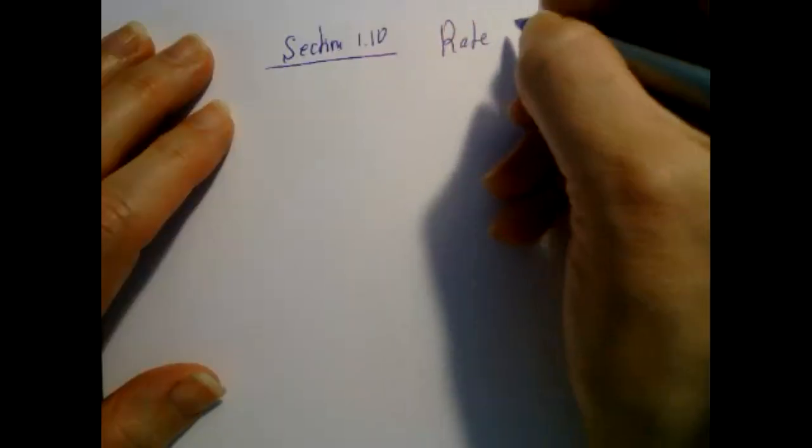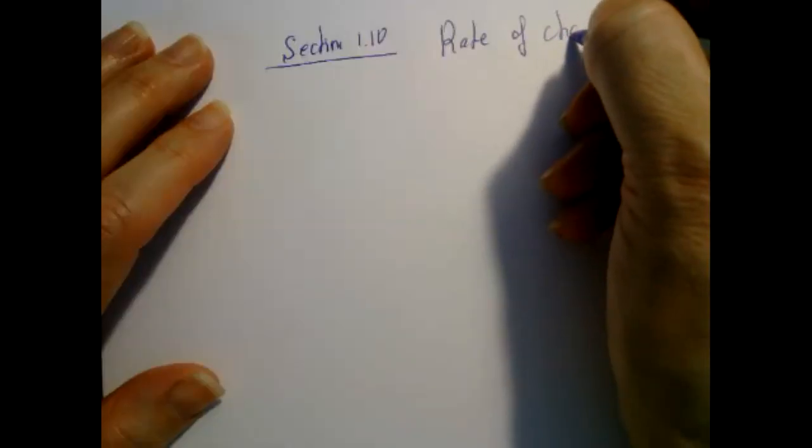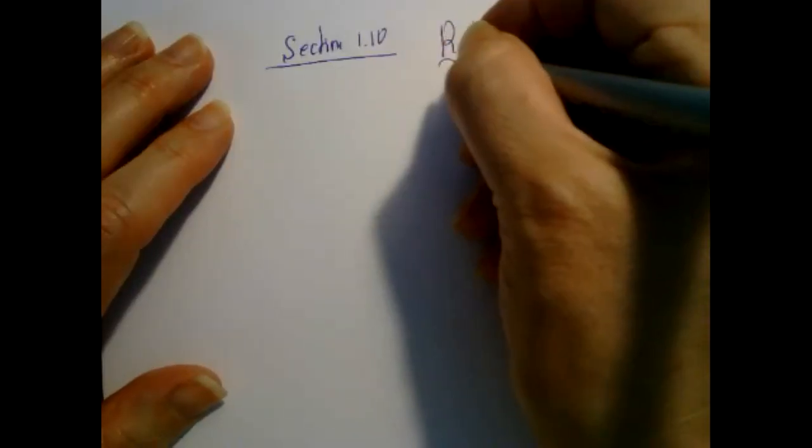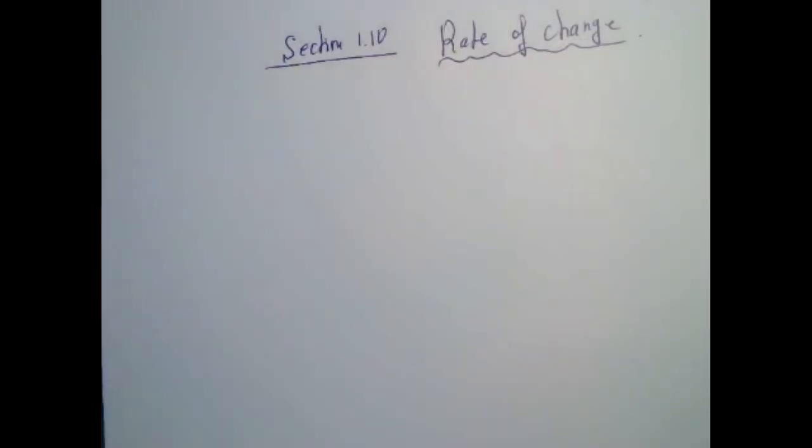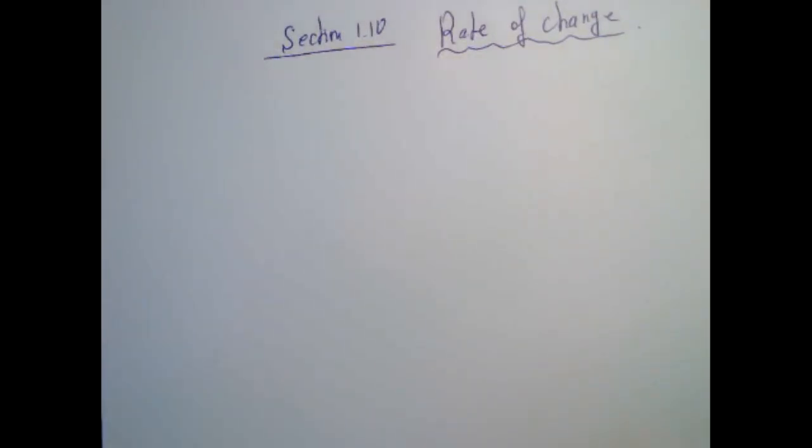Rate of change is usually the idea of how fast things change. It's the heart of calculus, basically. So first I give the definition of it, and then we work examples to help us understand the concept.